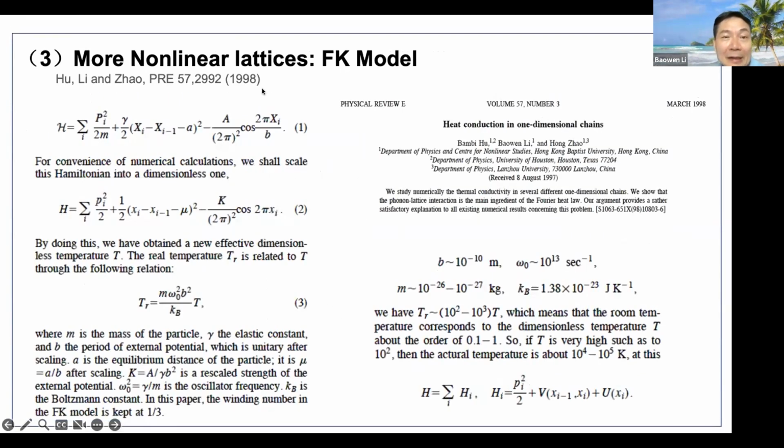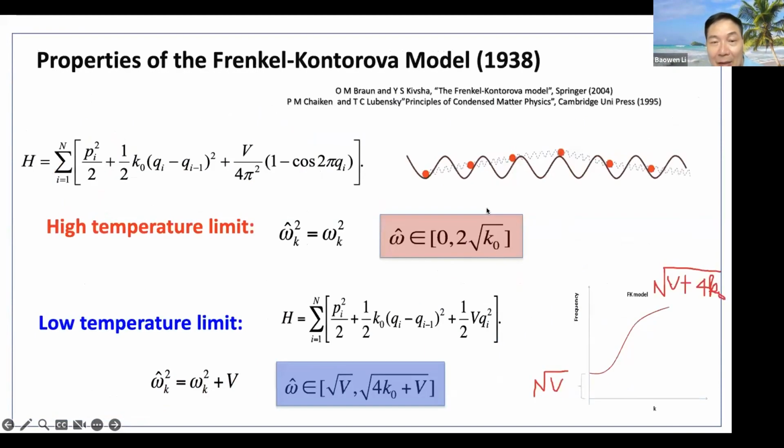In 1998, we studied a very general Hamiltonian, the Frenkel-Kontorova model, which includes an interaction potential and also an on-site potential. The on-site potential plays a very important role here. With the on-site potential, in the general case, there exists a gap. This gap means that the lowest frequency is non-zero. It's different from FPU. The FPU model has momentum conservation, meaning translational invariance, so the lowest mode is 0.